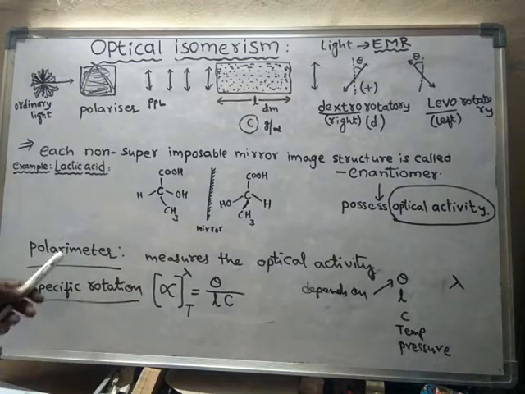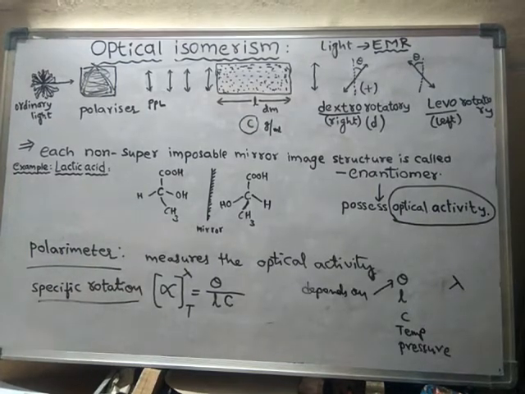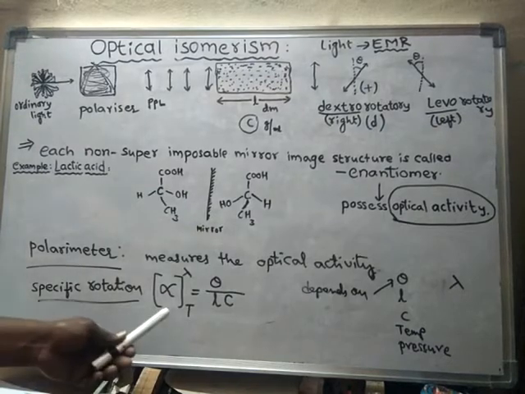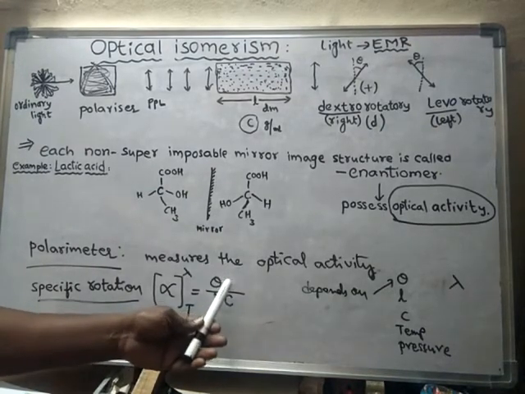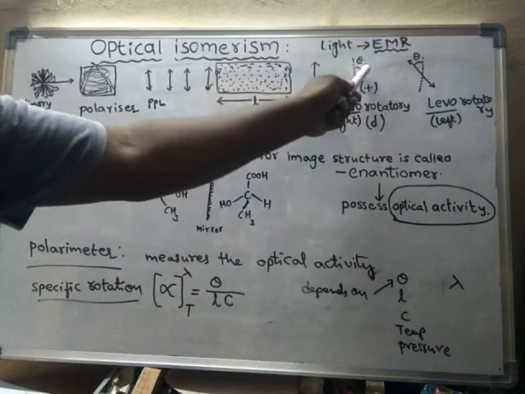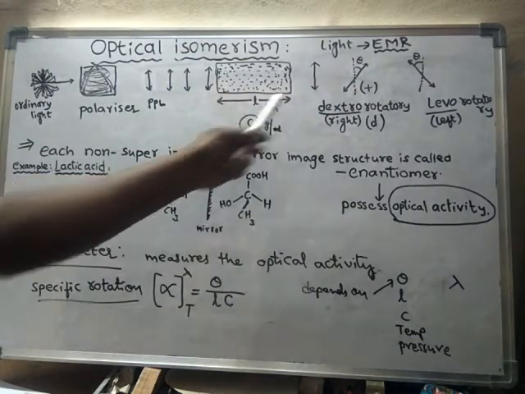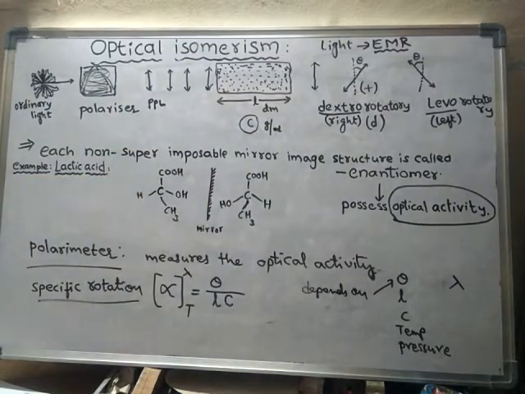So the polarimeter will calculate the optical activity by measuring theta, that means the observed angle of rotation, the length of the tube, and the concentration of the solution taken.